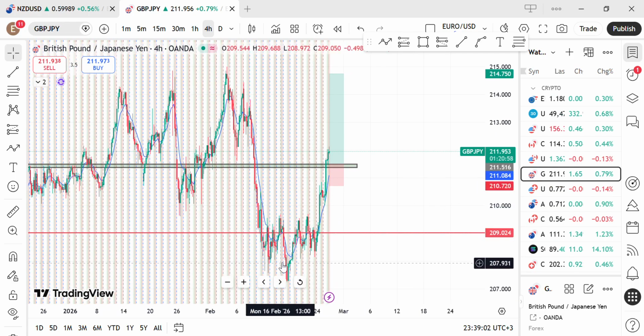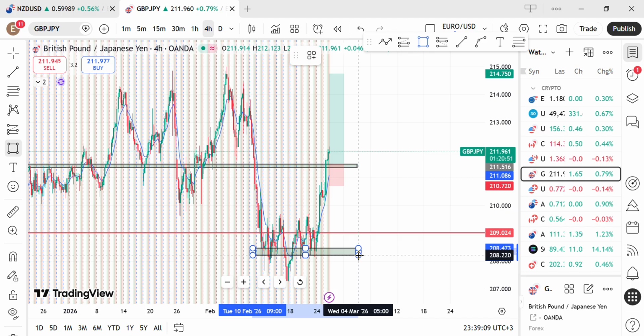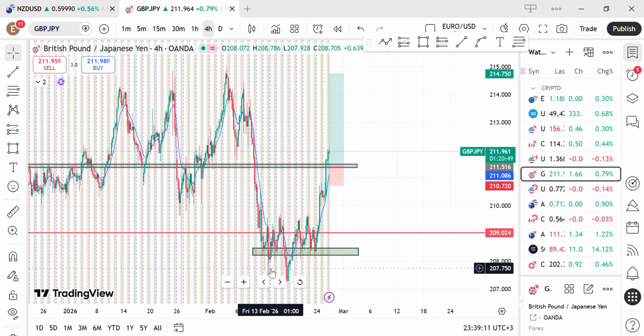And I've been seeing this pattern a lot, where you put this triangle. Look at that. It's an inverse head and shoulders pattern. But still, it also shows this is a very strong zone.